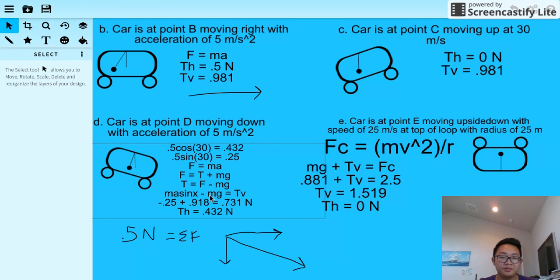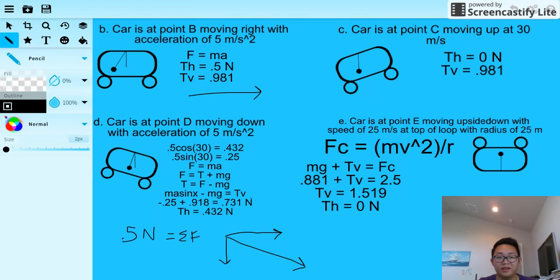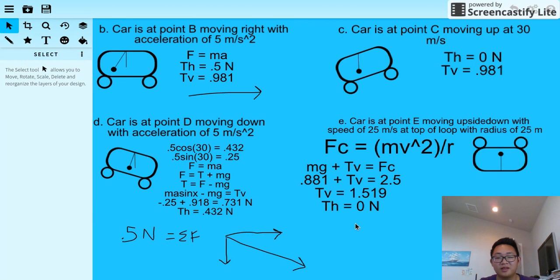That is the net force times sine x to give us the vertical force that is acting on the ball. And we subtract weight to get tension vertical. But because of the direction, net force is actually negative because it's going down. And gravity is also negative, but there's a double negative here, so that just becomes positive. So essentially it's gravity minus the force in the vertical direction. And when we solve for that, we get 0.731 newtons as our vertical tension.